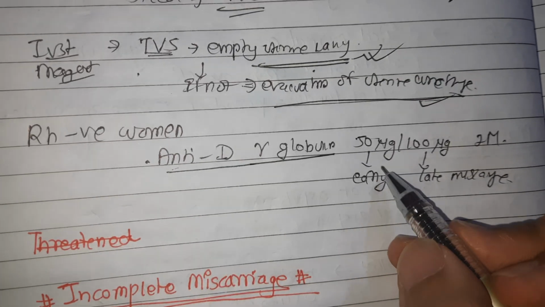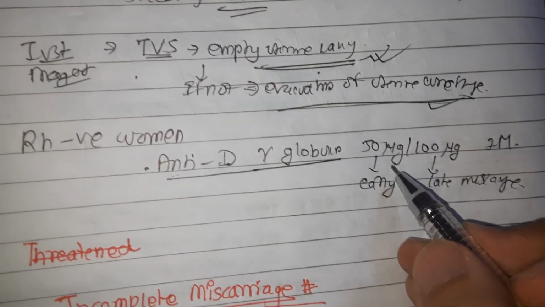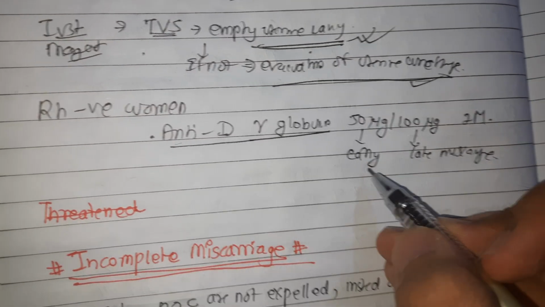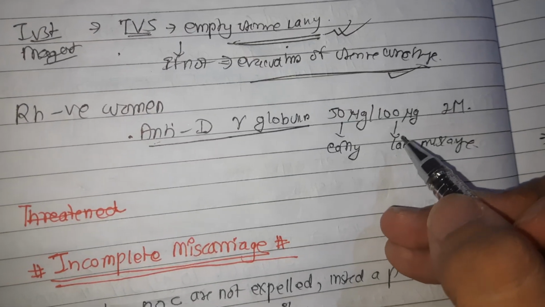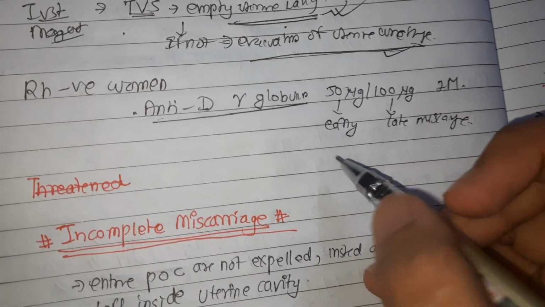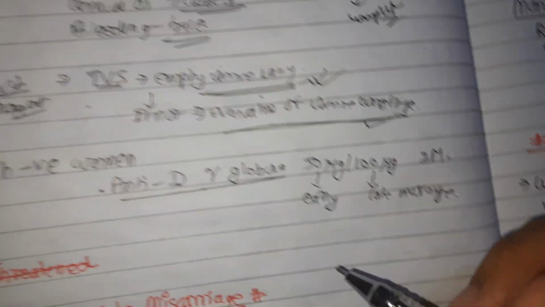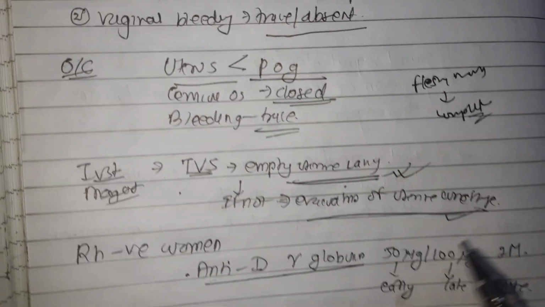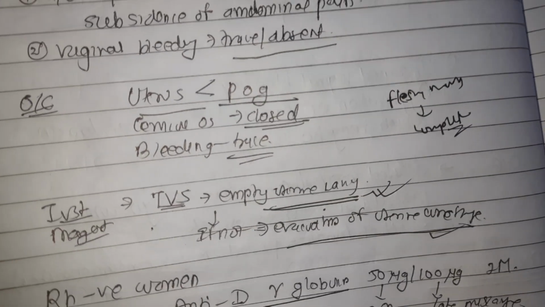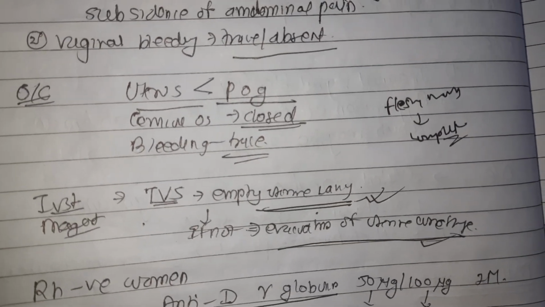The 50 microgram is given in early miscarriage, whereas 100 microgram is given in late miscarriage, within 72 hours after miscarriage. However, anti-D may not be required in cases of complete miscarriage before 12 weeks of gestation where no instrumentation has been done.